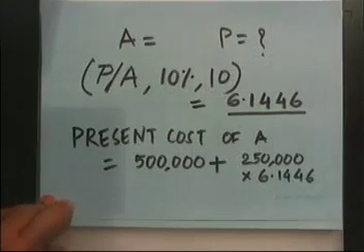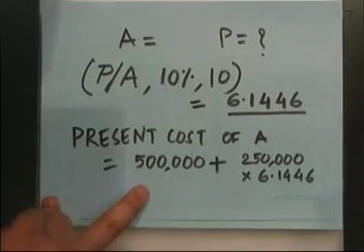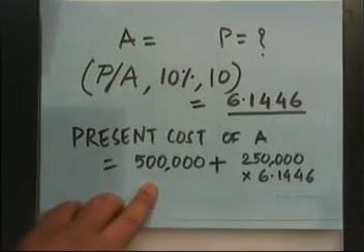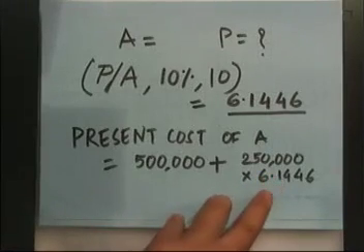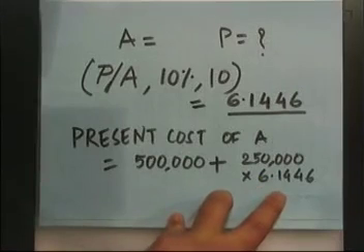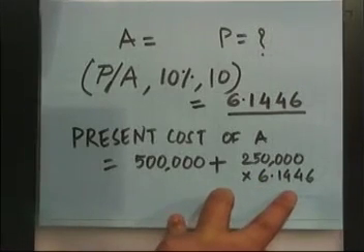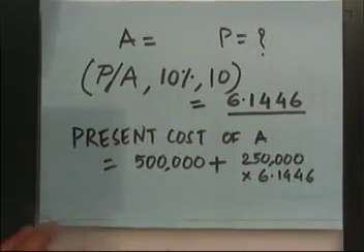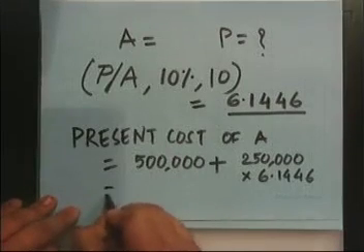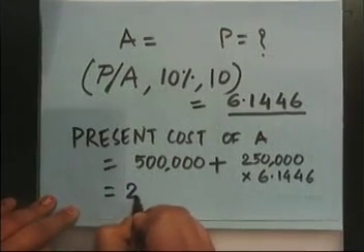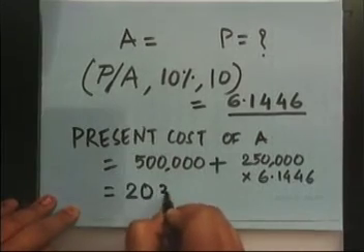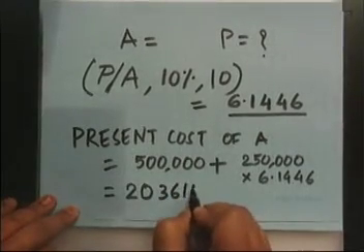So, the total present cost or total present worth of this alternative A becomes 500,000 plus 250,000 multiplied by 6.1446, and if you do the calculations, it would be 2,036,150.